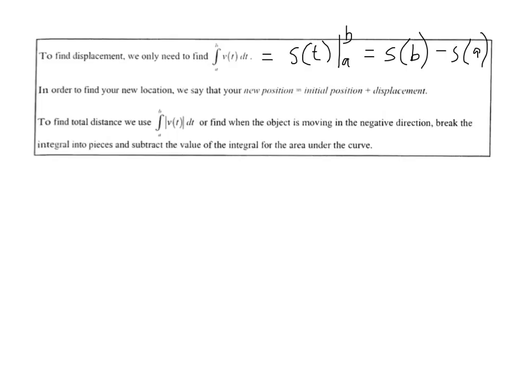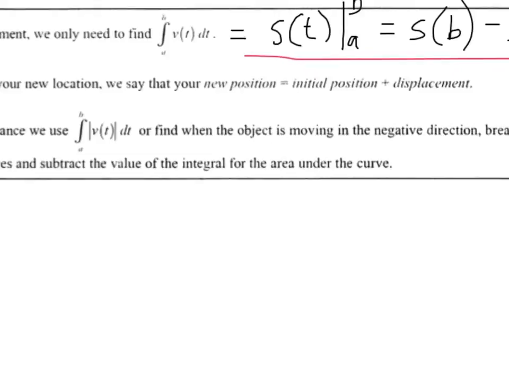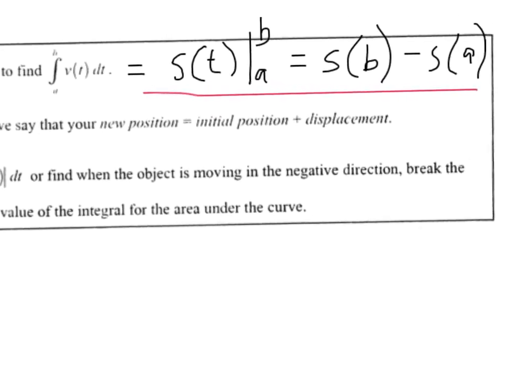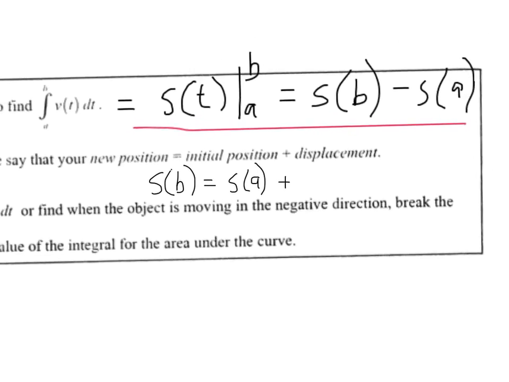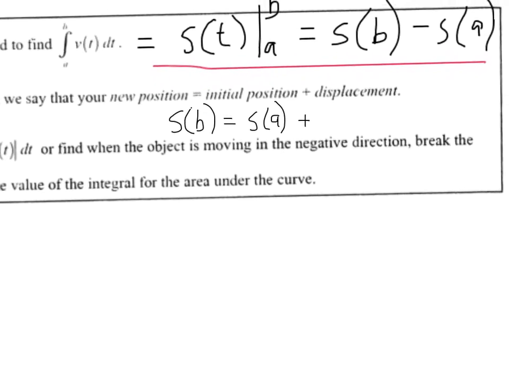I could take the above statement here and rewrite it for S of B or S of A. So let's try to create a little bit more space here, but I could just take this statement that I have already and just rewrite it like S of B equals S of A plus the integral from A to B of velocity.